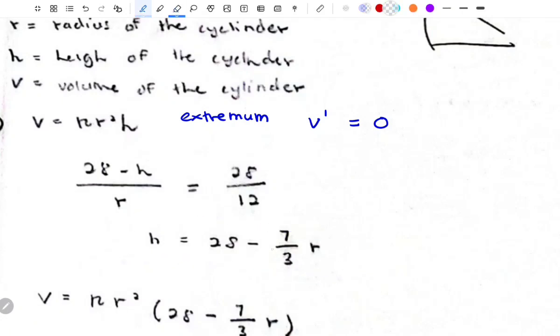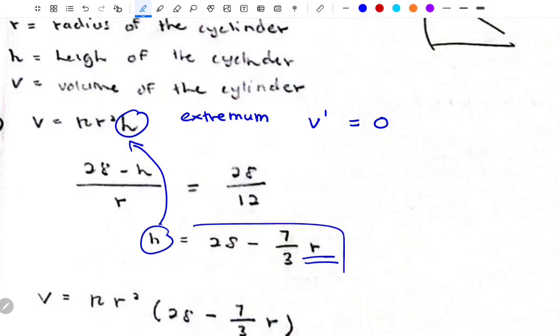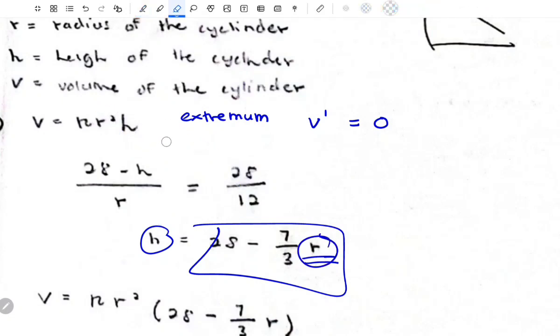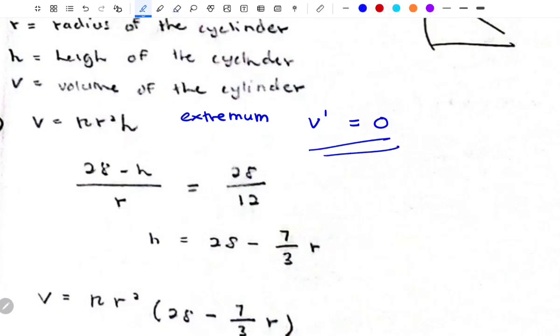Once I get the h in terms of r, I insert the h here. So using this one going to here, we get only r. This one is r, this one is r, so we have only r, so we can do the extremum, to do the derivative and get the value of r.